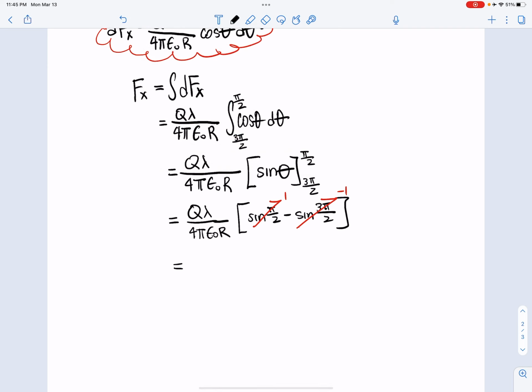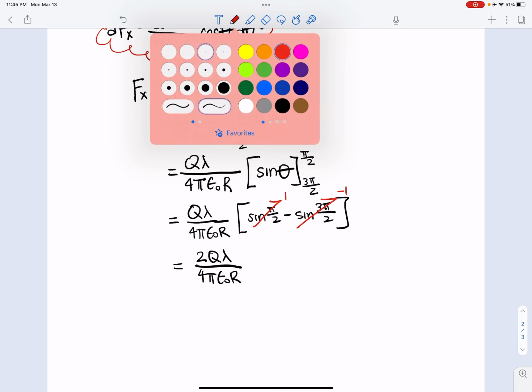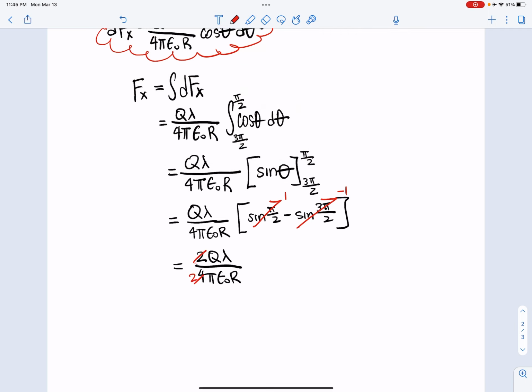So what's in there becomes 1 minus minus 1, or 2, right? So then I would get 2q lambda over 4 pi epsilon naught r, and I can cancel out the 2 and 4.